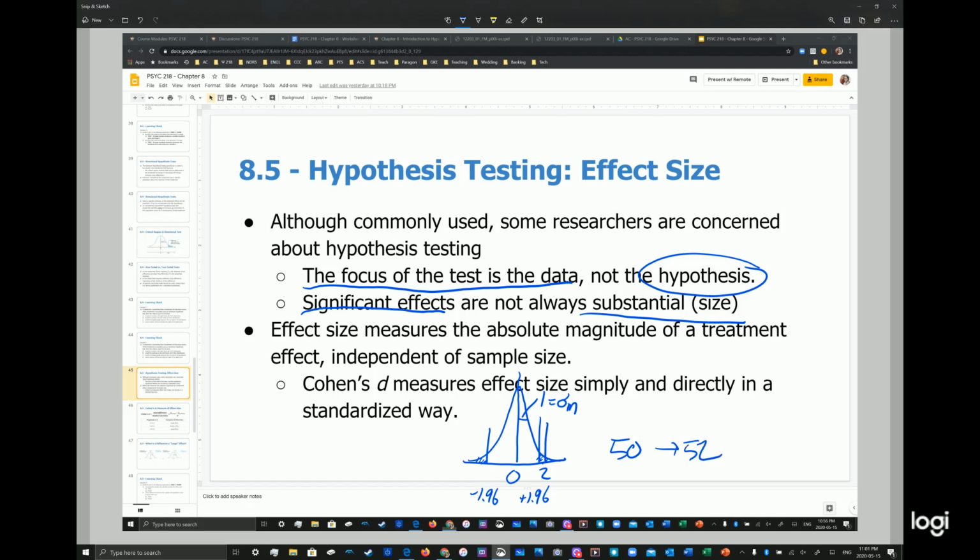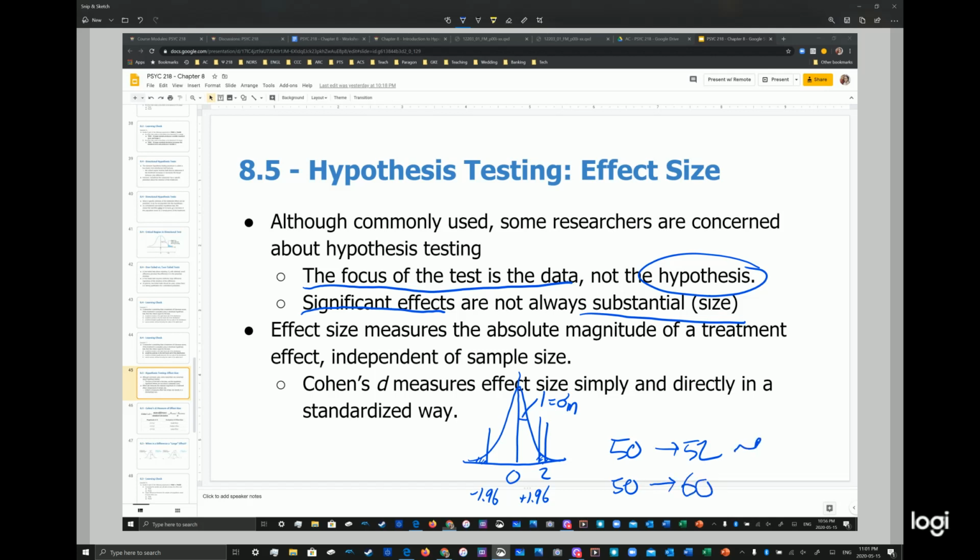And again, it depends on what it is. If it was a test from 0 to 100, those 2 points don't really look like they make a difference, and that is influenced by the sample size. Whereas with the population standard deviation, a standard deviation of 10 would be, wait a minute, 50 to 60.